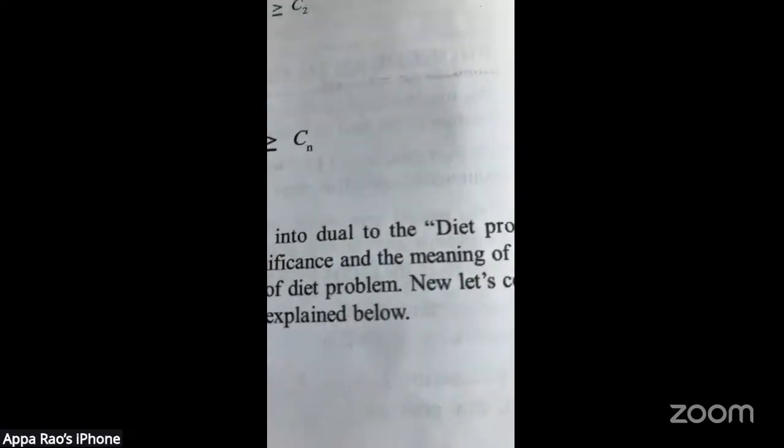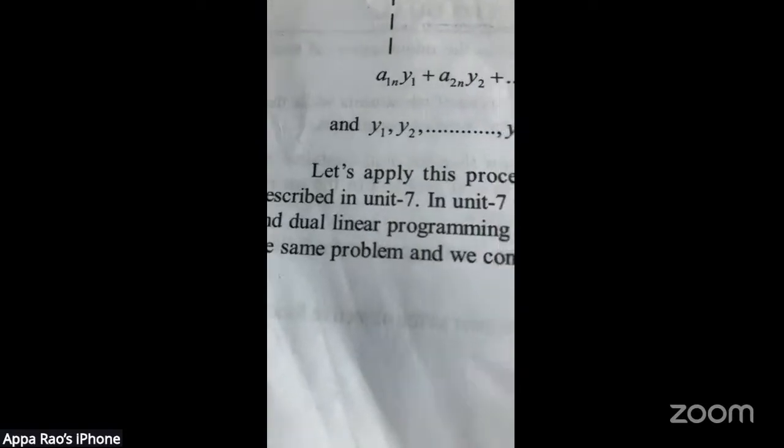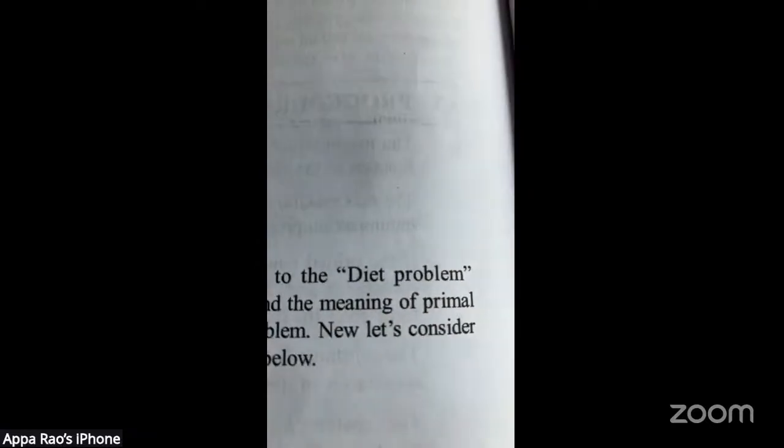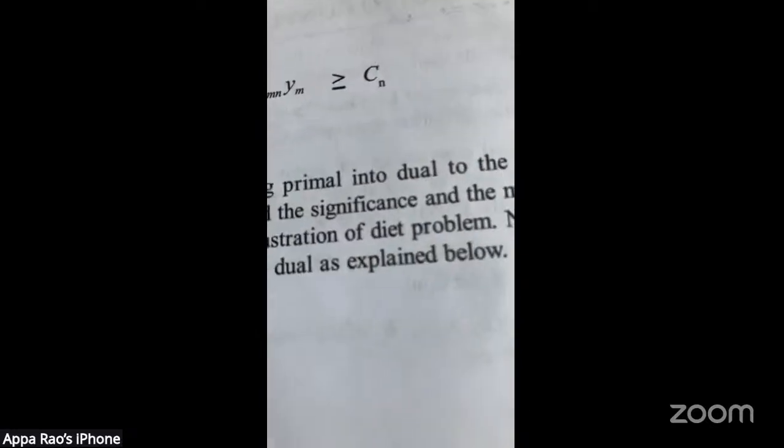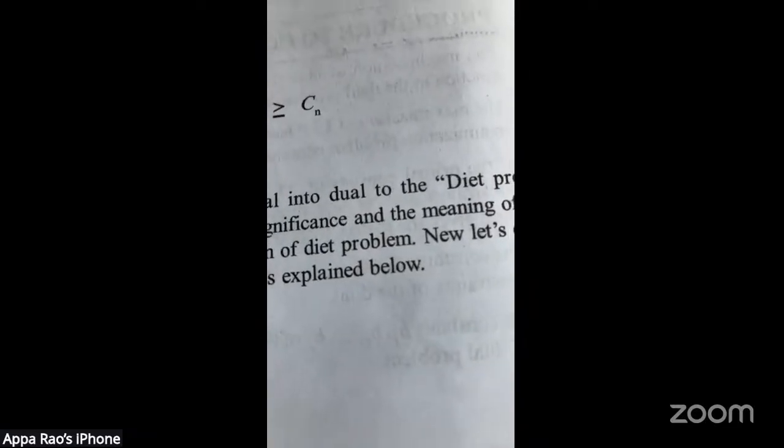In unit 7, we understood the significance and the meaning of primal and dual linear programming problems. In the illustration of the diet problem, let's consider the same problem and convert the primal into dual as explained below.